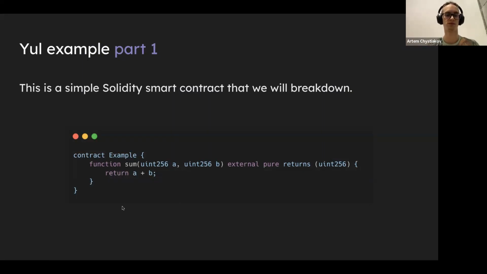It is rather simple. We have a contract named Example. It has a function sum, which accepts two arguments, both of them int256. It returns int256 as well. And what it does is it just adds those two variables and returns the sum.